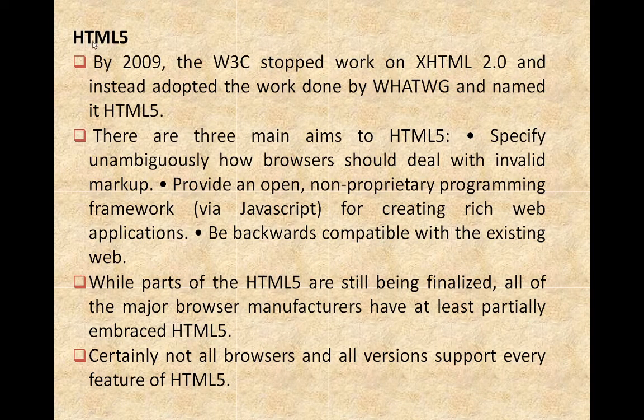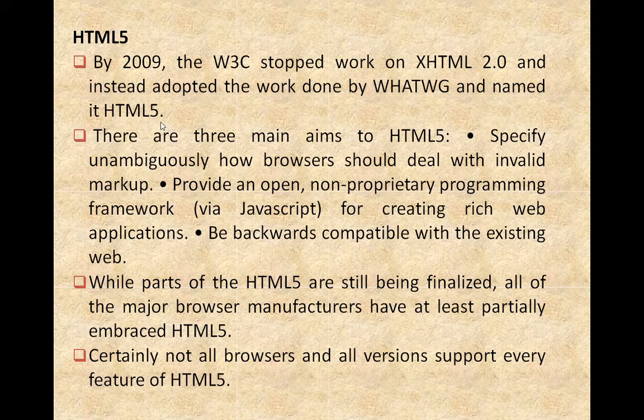Next, HTML5. Let us see what they have to say about it. By 2009, the W3C stopped work on XHTML 2.0 and instead adopted the work done by WHAT-WG and named it HTML5.